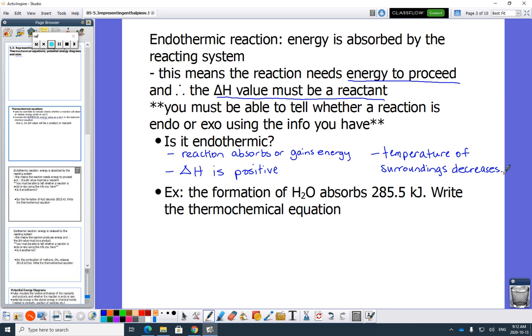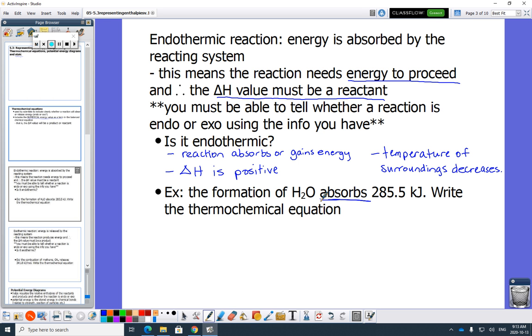Or it could be like using a calorimeter, find the delta H, and then it will say, is the reaction endo or exothermic? So you can do it based on the quantitative side of things. In this case, it just says the formation of water absorbs 285.5 kilojoules. So there's our clue that it's endothermic, okay?